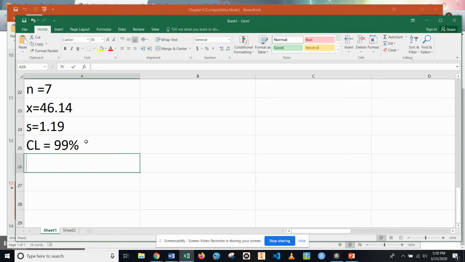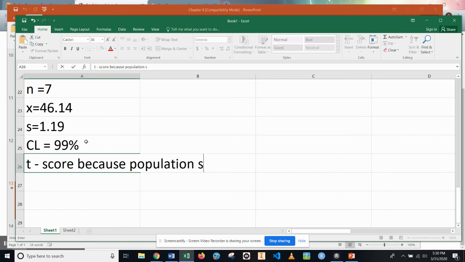And I know I'm using a t-score, because the population standard deviation is unknown. I don't know sigma, so I have to get a t-score.